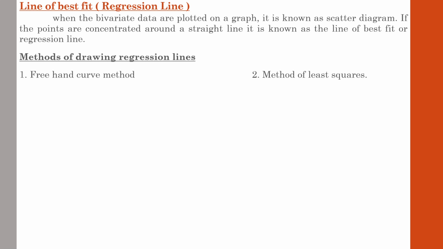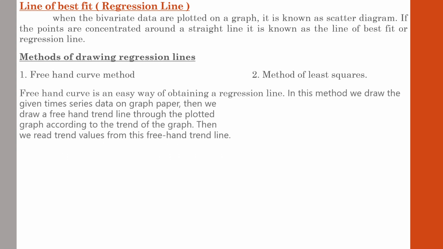First one, freehand curve method. Usually freehand curve method, as the name suggests, is just the easiest method of representing a regression line. A freehand curve method is an easy method for obtaining a regression line. According to this method, original data are plotted on a graph paper.